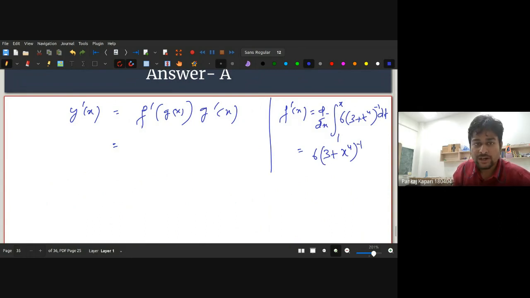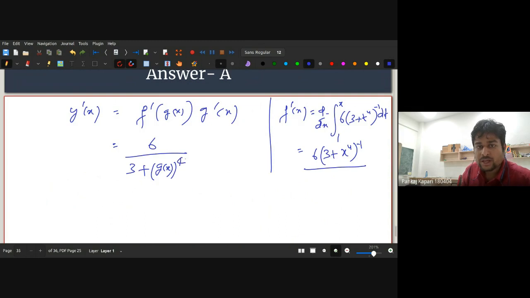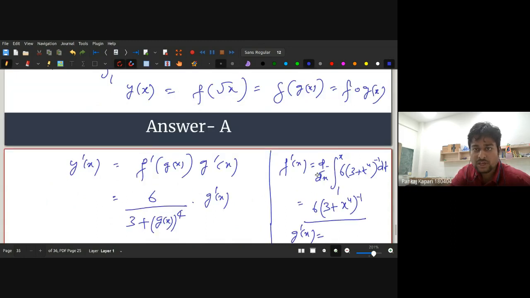But we have to find f prime of g of x. So f prime of x is this. That means f prime of g of x must be 6 divided by 3 plus x to the power 4, and in the place of x, you have to write g of x. This is g of x to the power 4. And then you have the derivative of g of x. So what is the derivative of g of x? g of x was the under root function, right?